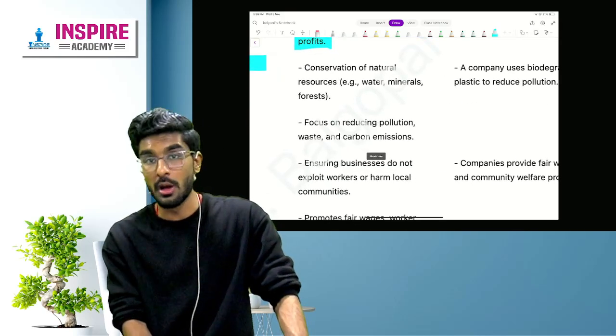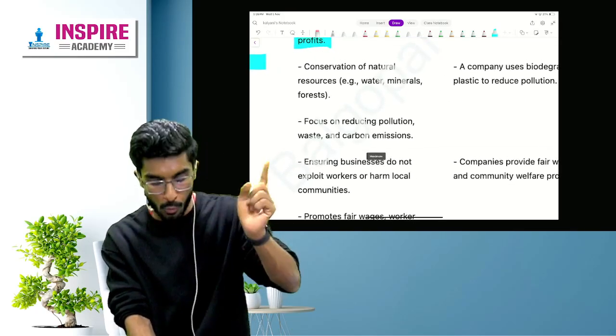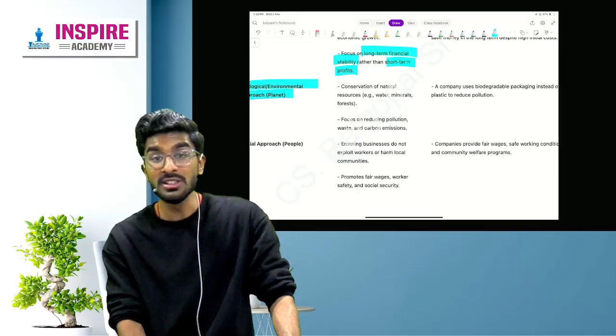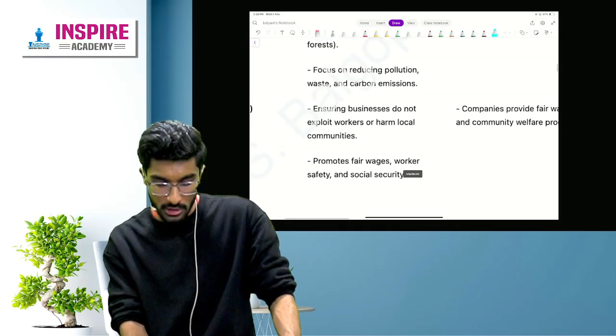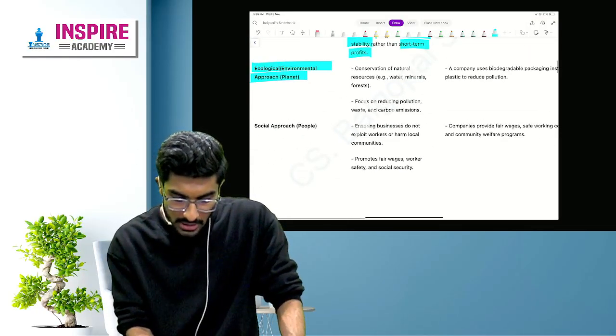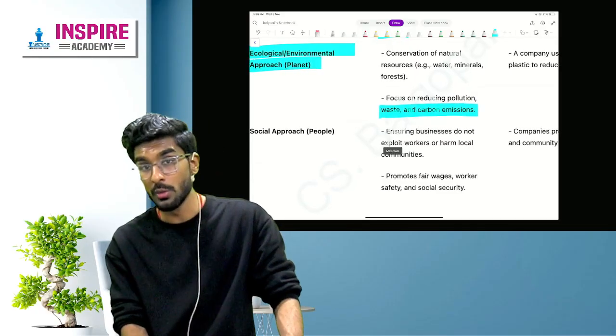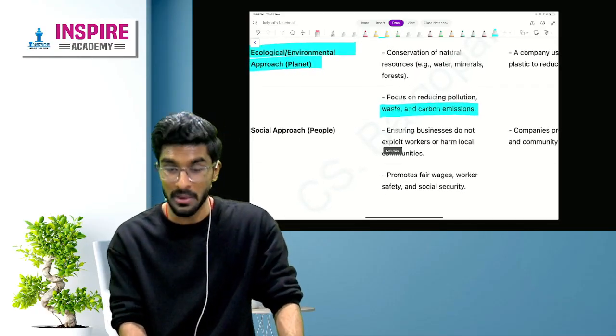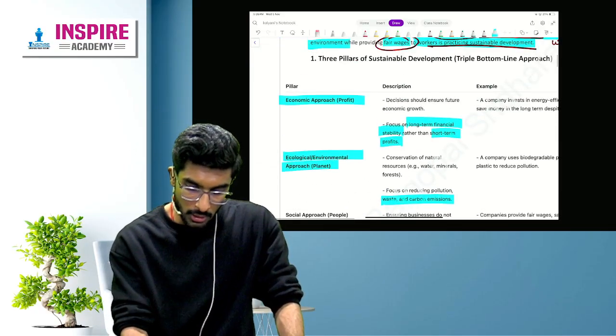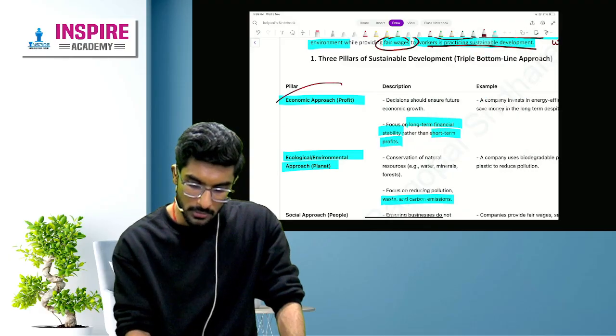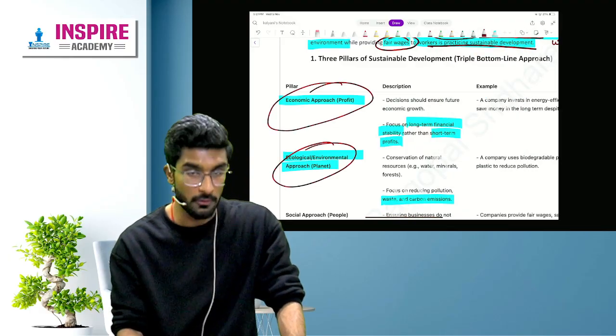So, conservation of natural resources like water, minerals and forest, focusing on reducing pollution, waste and carbon emission. That means you are also working towards the environment, yes or no? Over here, you are focusing on economics, and over here on environment and ecology.